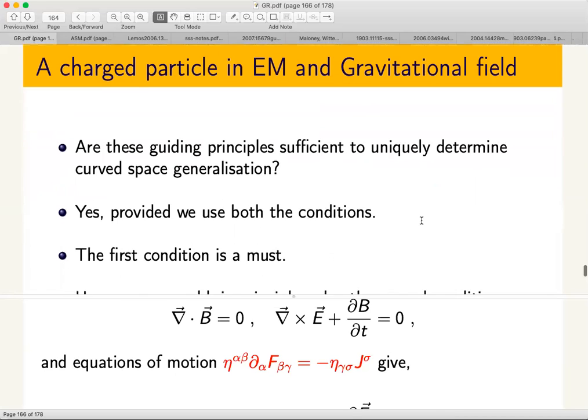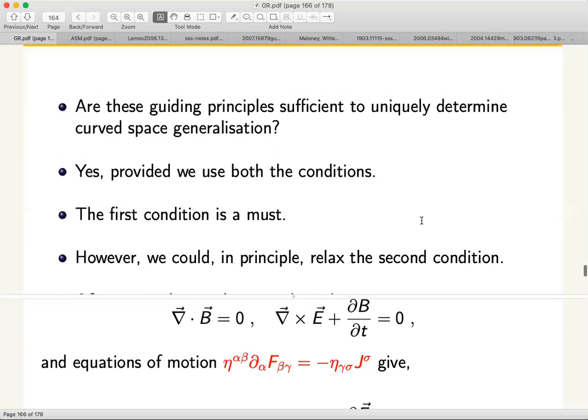So here's a question: are these guidelines sufficient to uniquely determine the curved space generalization of the equation? We looked at this and we basically wrote replace eta by g, replace partial derivative by covariant derivative, and we said here's the equation. So you could ask the reverse question: is that good enough reason, or is that the right way of covariantizing it?